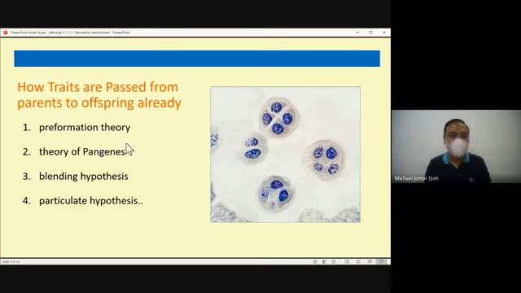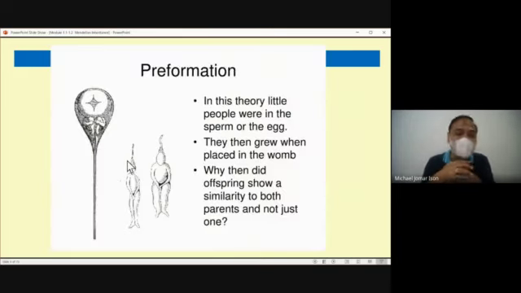Starting with the preformation theory, this is quite interesting. It was a time when the gametes had been discovered and the process of gametogenesis was still being uncovered, but they knew already that the egg cell and the sperm cell are needed to fertilize together in order to produce the offspring. For the preformation theory, people were theorizing that a whole person is already inside the sperm cell or the egg cell.